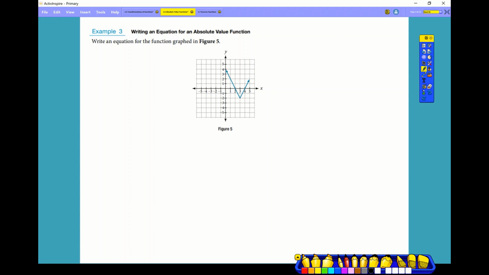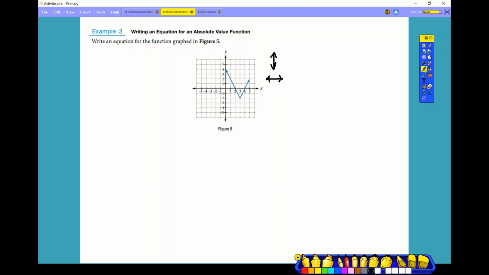So writing an equation for an absolute value function. We're going to use this graph to write an equation. Let's make note of a couple of things. First, let's focus on what happened on the outside because it looks like it was moved both up and down. So this way and this way.